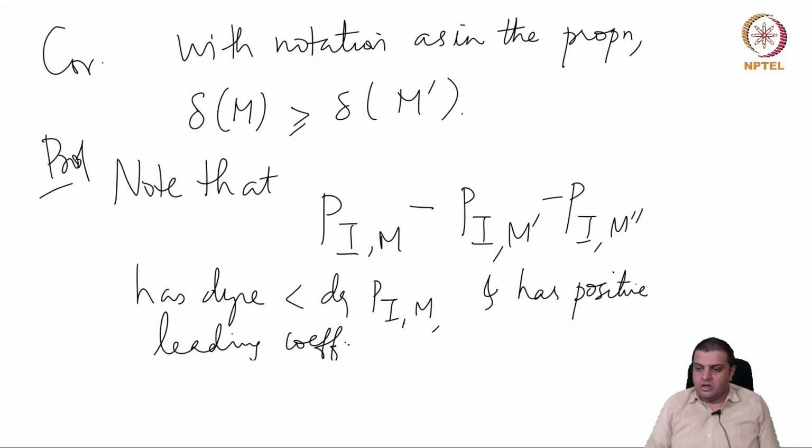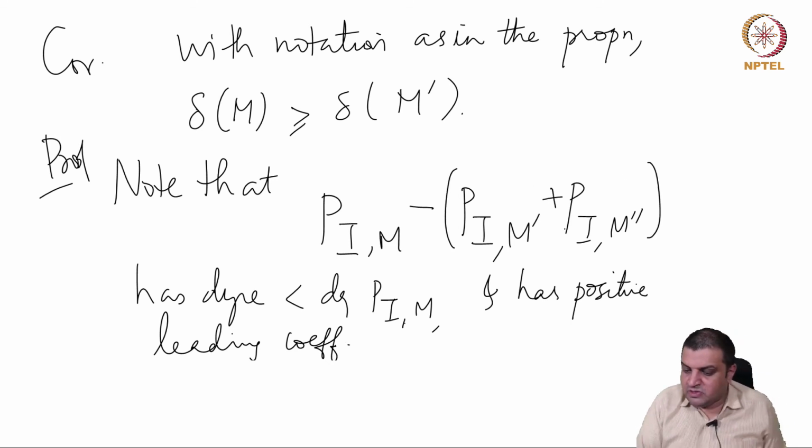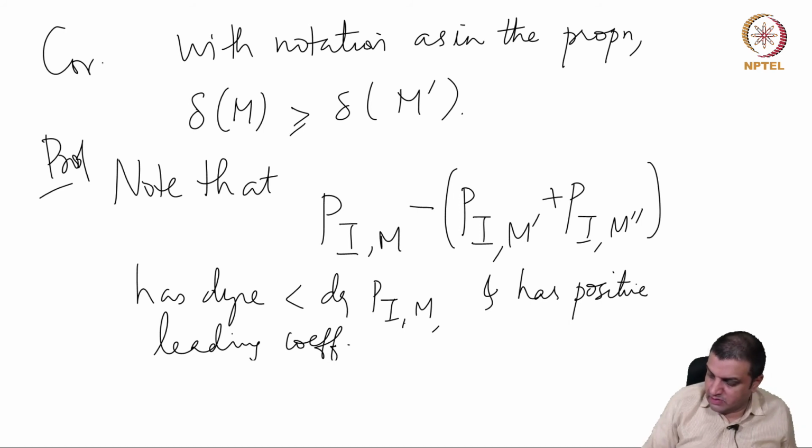In other words, if this sum here had a degree which is bigger than degree of this, then the degree of the difference would be the degree of this. So let's just write this.